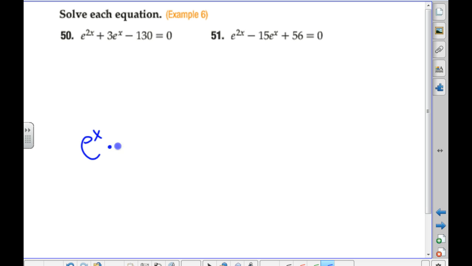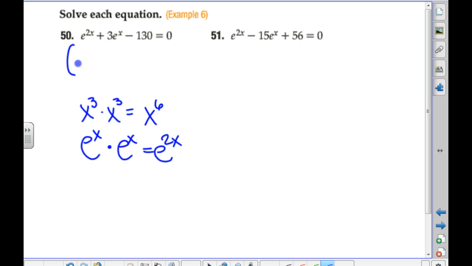e to the x times e to the x would be like if I had this. How would that simplify? Okay, you add the exponents. So e to the x times e to the x is e to the 2x. Does that make sense? Caleb? Yeah. Okay. So this e to the 2x, I'm going to factor as an e to the x and an e to the x.